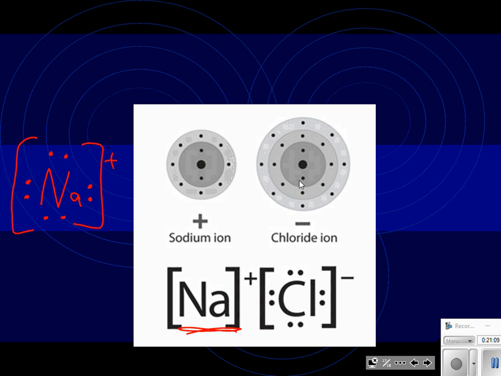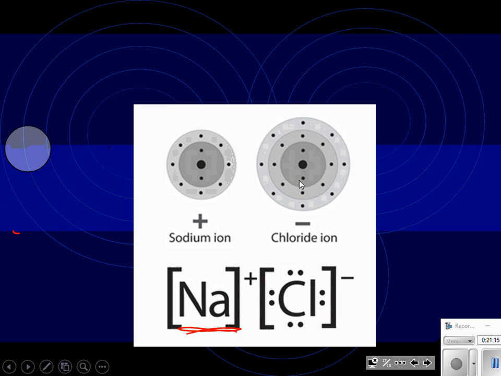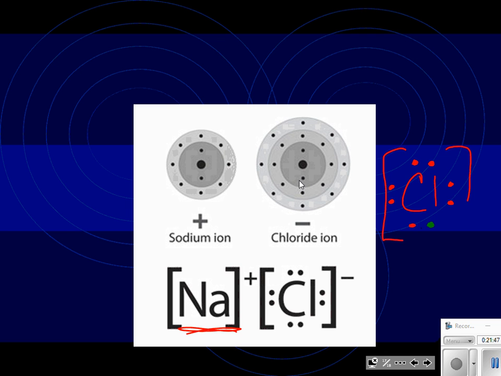Okay? Now, chlorine's a different story. Chlorine has 7 valence electrons. However, when chlorine is forming an ion, it gains 1 electron, doesn't it? So chlorine has gained an electron, and I'm just using a different color to represent that 1 gained electron.